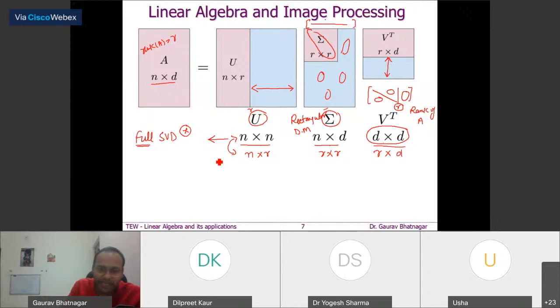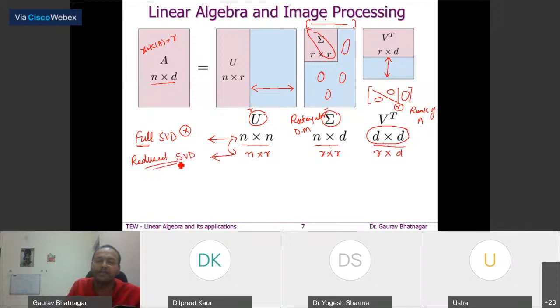However, if you go in the second direction, when you say, okay, I am fine if my U and V are rectangular in nature, but I want my sigma as a perfect diagonal matrix, then you are going to get the reduced SVD.